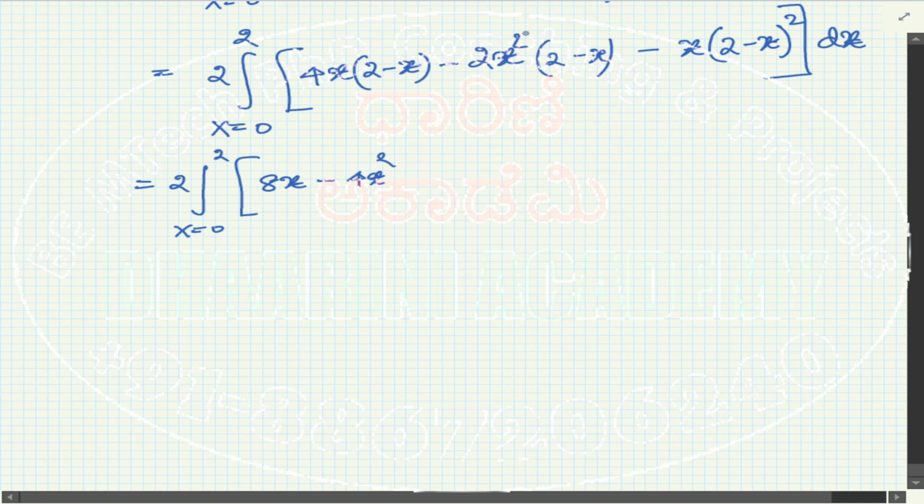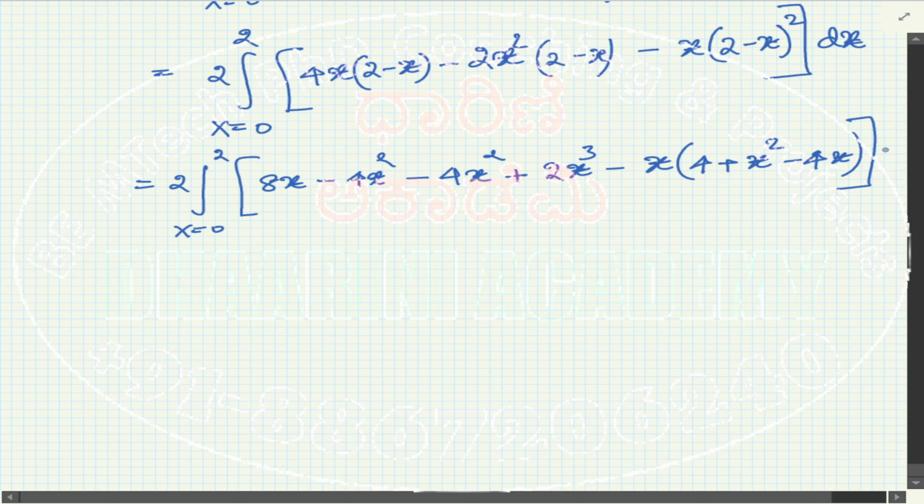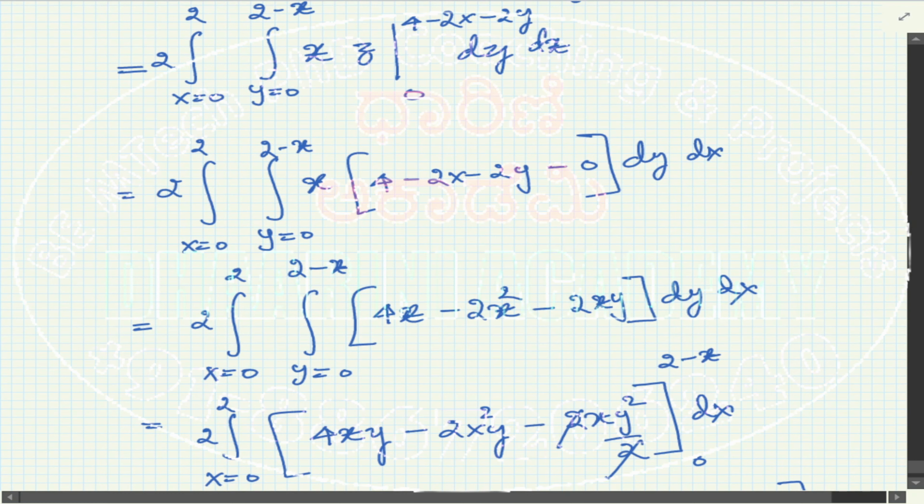This is minus 2x square into 2 is 4x square. This is minus of minus is plus 2x cube minus, so x into, this is 2 square is 4 plus x square minus 4x dx.